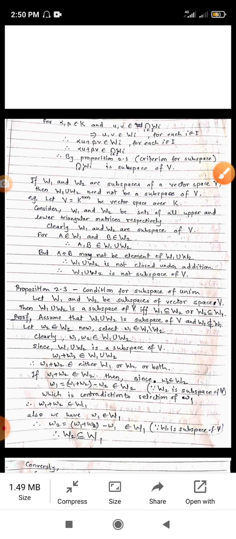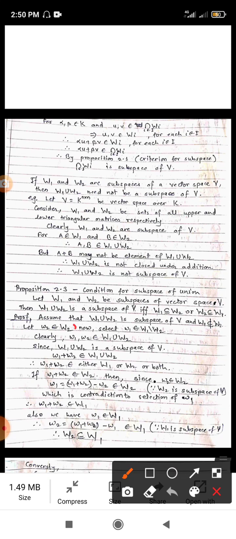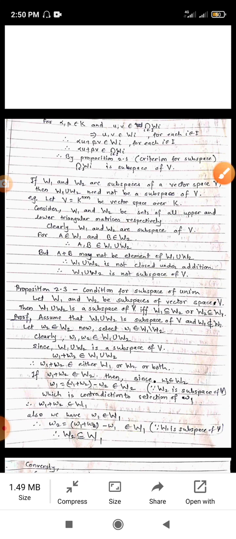Therefore we get that W2 belongs to W1, and W2 is an arbitrary member of W2, so each member of W2 also belongs to W1, which proves that W2 is a subset of W1. Hence our claim holds: if W1 union W2 is a subspace of V, and if W1 does not contain W2, then W2 must be a subset of W1.